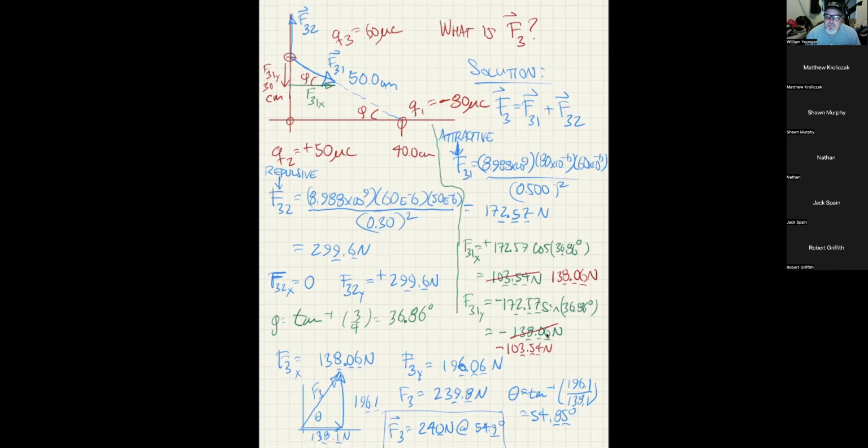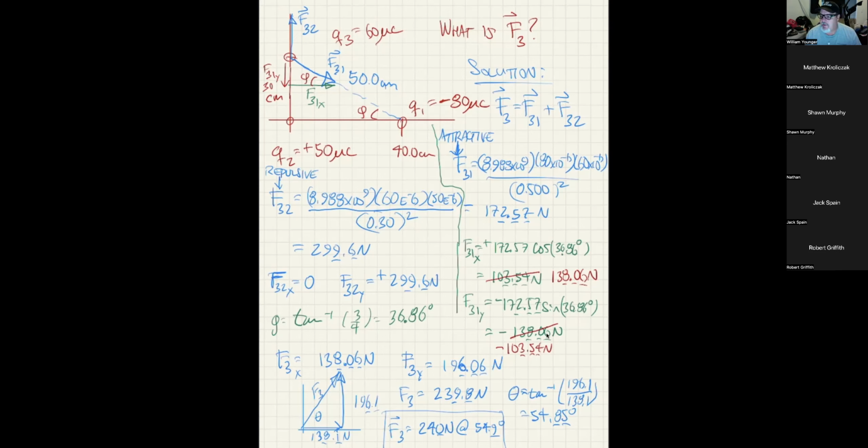And then you can do the same thing at that location due to Q1. You'll have two electric fields at 0.30 centimeters, and you can add them like vectors, and you'll get the net vector electric field. So the extra credit problem I'm going to ask you to do is do that and give me the magnitude and direction of the electric field at 0.30 centimeters.